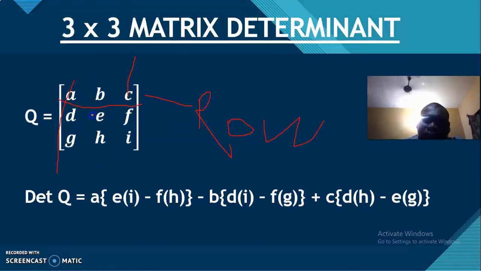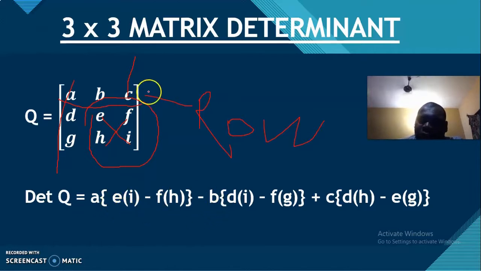So we only have E, F and H, I. So A open bracket E times I minus F times H. This is already a 2 by 2 matrix, two rows and two columns. That's how we're going to solve a 3 by 3 matrix.